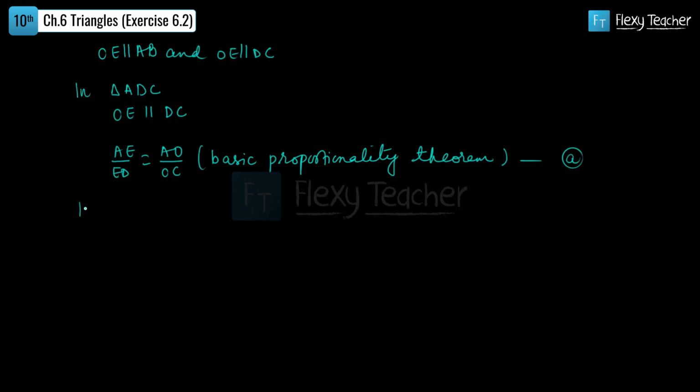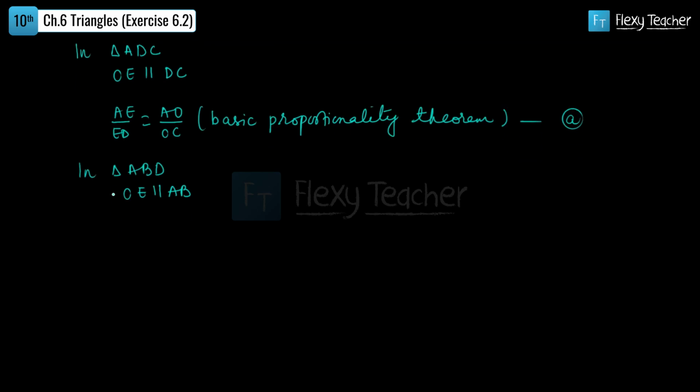In triangle ABD, OE is parallel to AB. Okay, when OE is parallel to AB, we can say that DE upon EA is equal to DO upon BO. Okay, this is part B, again with the help of basic proportionality theorem.